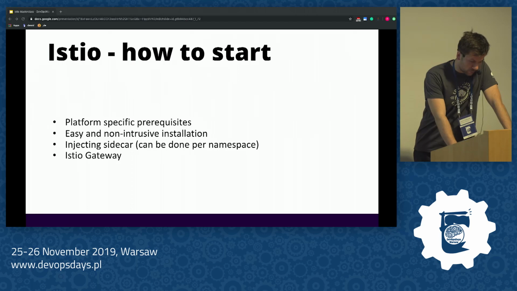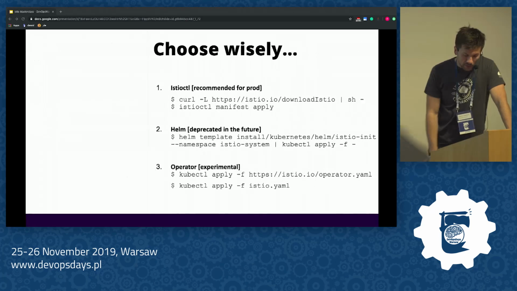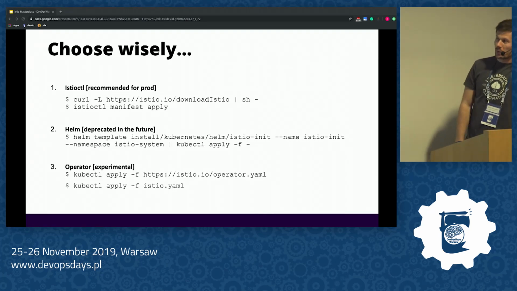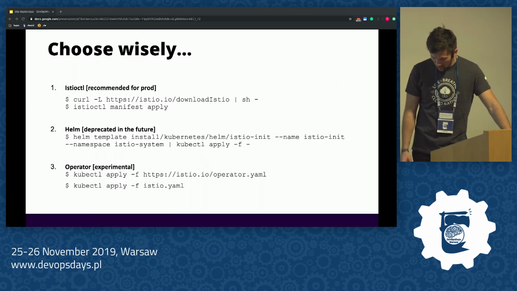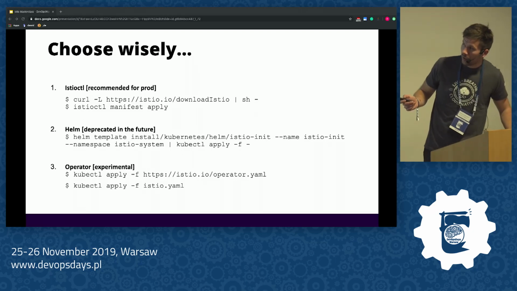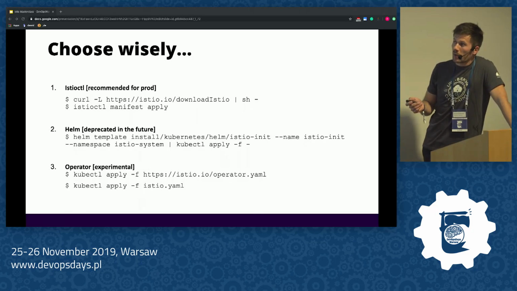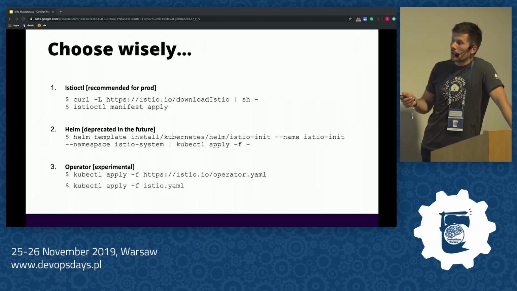All right, so assuming we want to install it, installation is pretty simple. There are 3 ways to do it. First, and recommended, is by istioctl. istioctl is a binary which you get from Istio simply by executing a curl command.